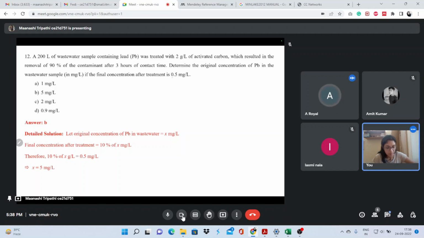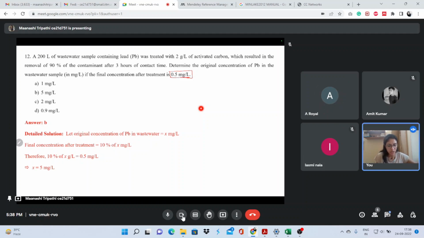This lead is still in the water, to an allowable limit, right? So if we are asked the same question in the exam, it's just 200 liters into 2 gram per liter. Would that be the correct answer?